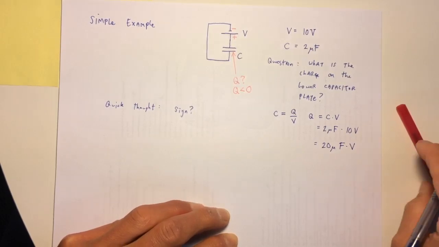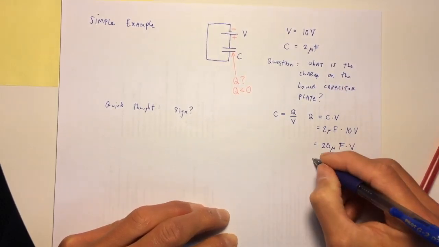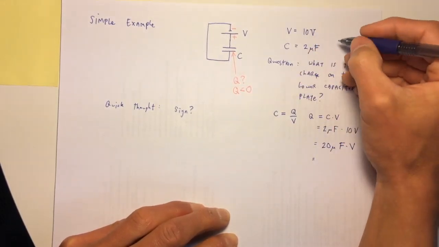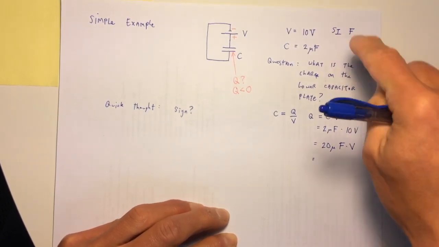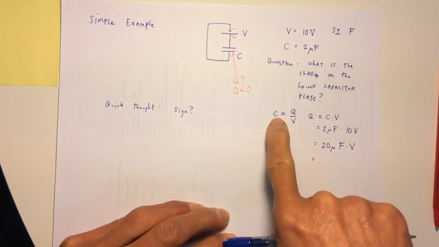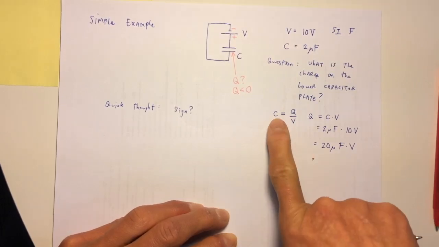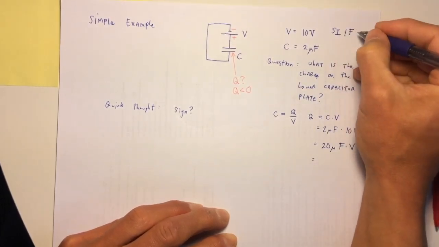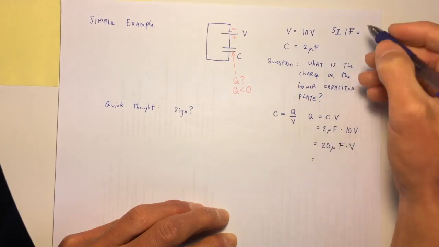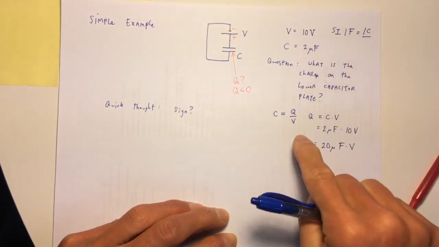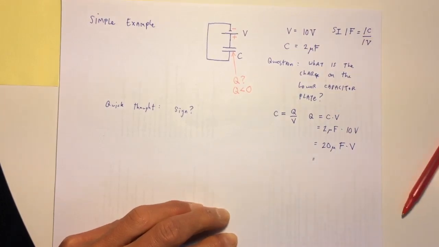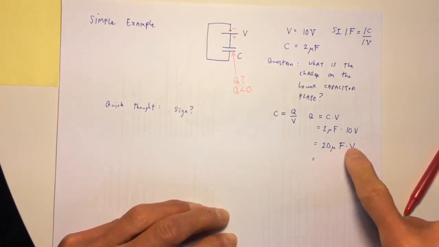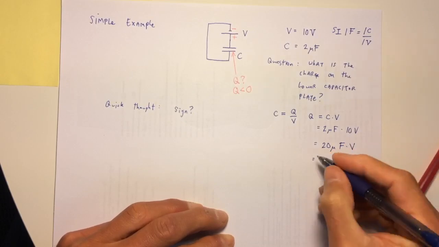So what's a microfarad volt? The farad is the SI unit of capacitance, which means 1 farad equals 1 coulomb over 1 volt. So simply, microfarads times volts is microcoulombs.